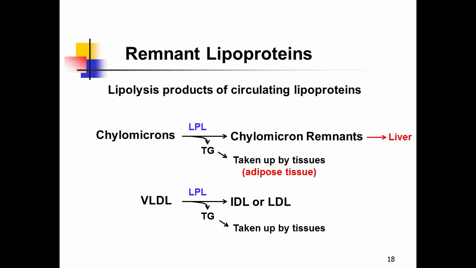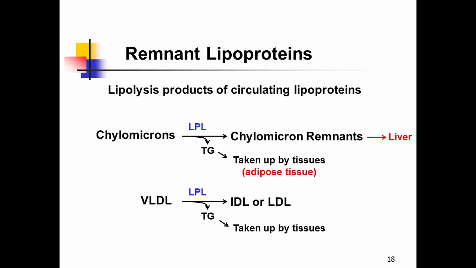Initially, this triglyceride is from diet, remember? And the purpose of this chylomicron is to transport triglyceride, initially from the diet, to the adipose tissue for storage, or to the liver for further processing.